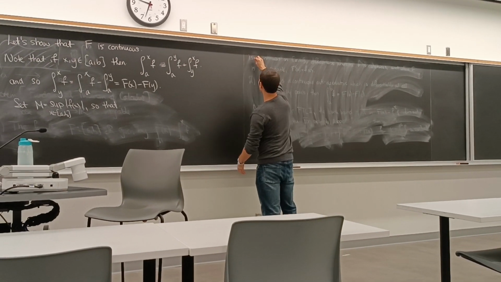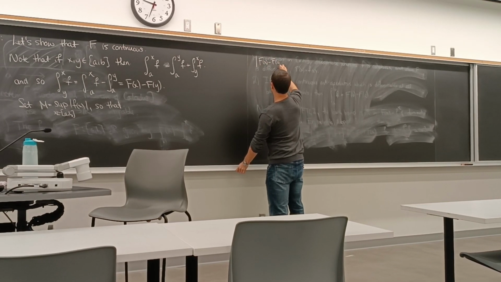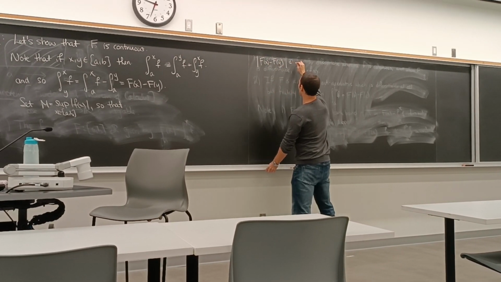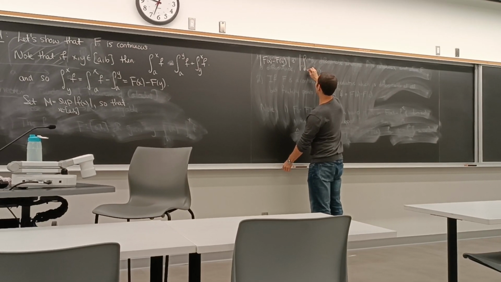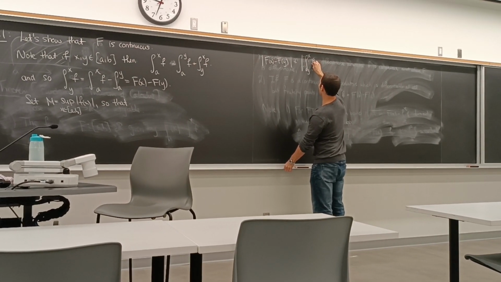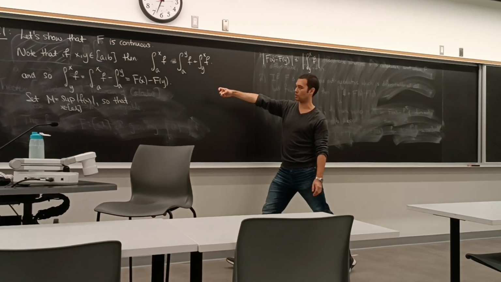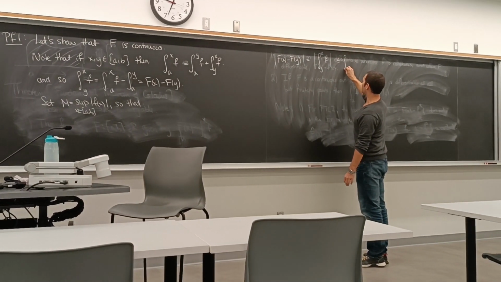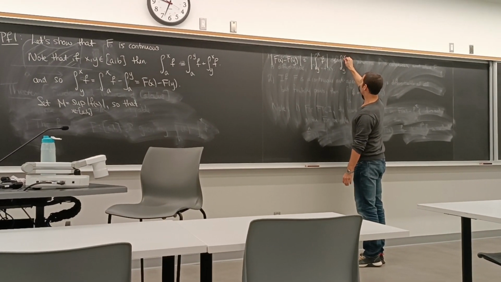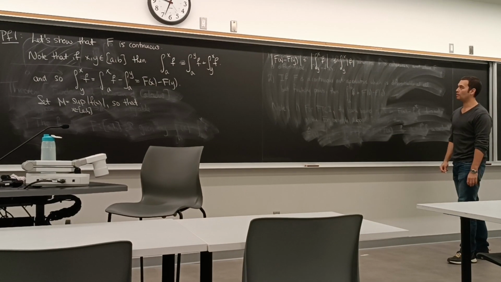Okay, so we're going to get the absolute value of F of x minus F of y is equal to the absolute value of the integral from y to x of f. Right? Haven't done anything there. That's just this equation. I've put absolute values on everything. And then we use the subnormality of the integral, one of the properties of the integral we talked about.